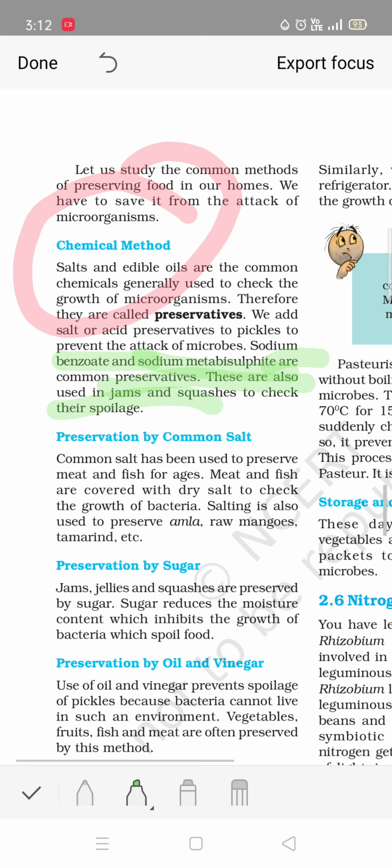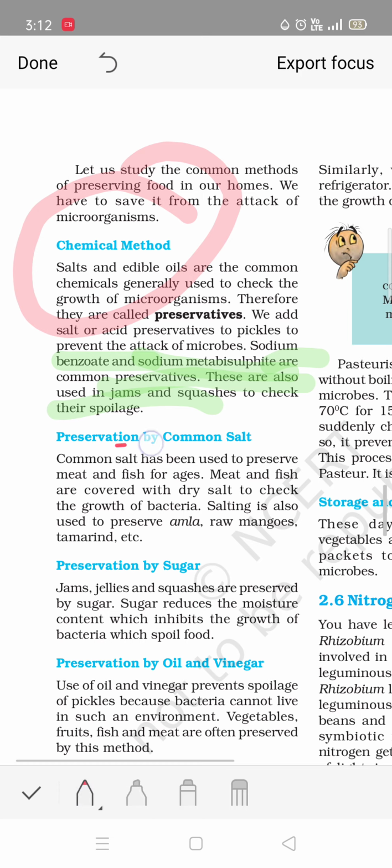In most packaged food items, companies put some chemical preservatives. These preservatives prevent the growth of microorganisms in the food, so we can consume it later, after several days also.